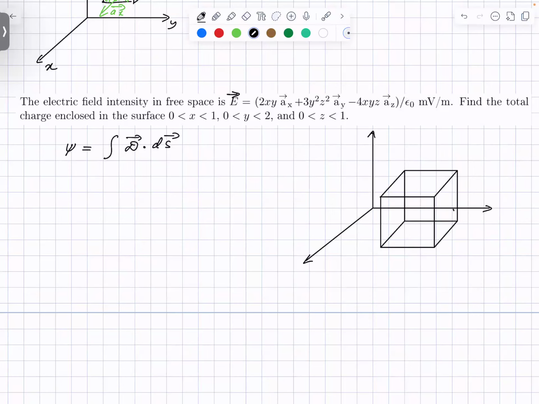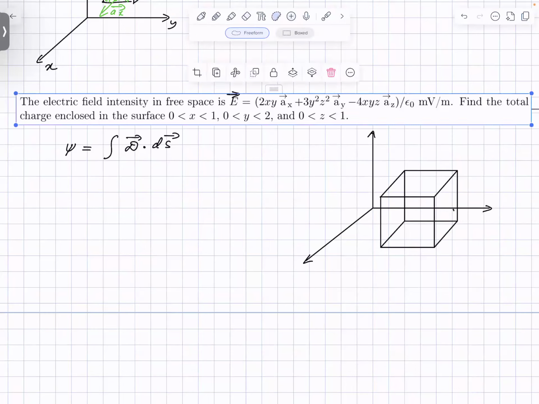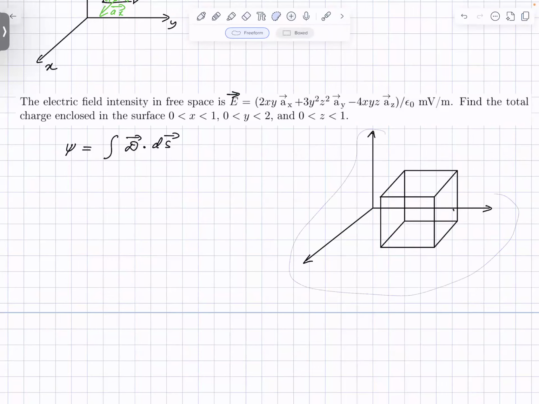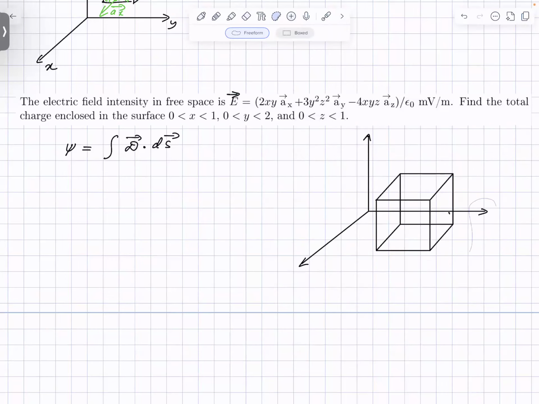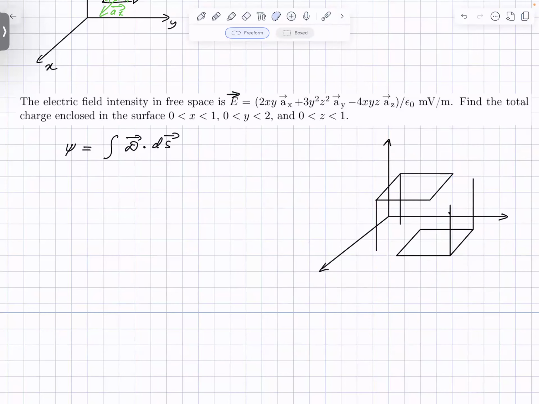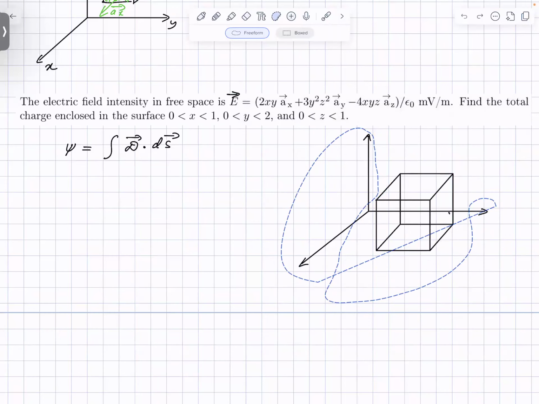So in this surface, x varies from 0 to 1. Maybe I should move my axes.